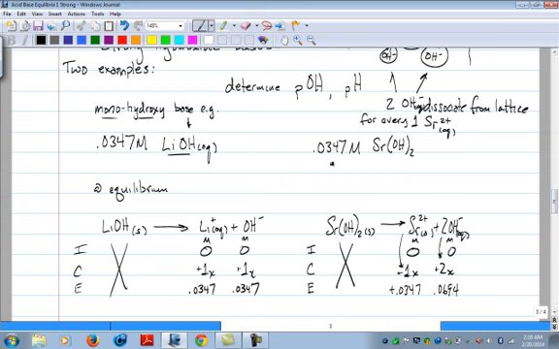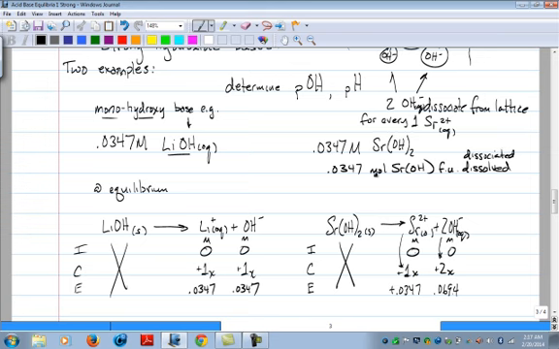So if I use the term 0.0347 molar, I'm talking about 0.0347 moles of strontium hydroxide formula units dissolved. So they're no longer in the lattice. They're dissolved, they're dissociated. So we're only artificially in our mind calling them formula units as if they were stuck together.